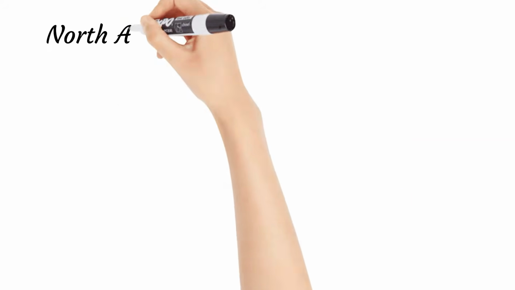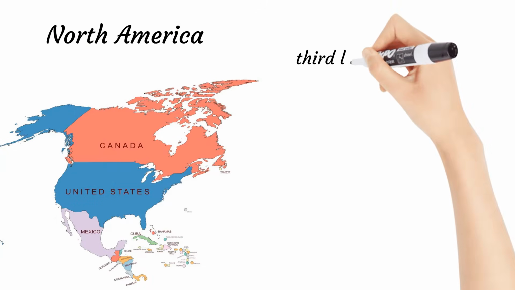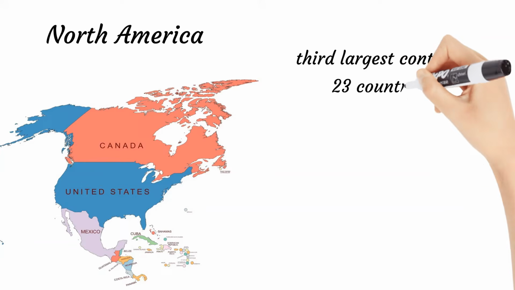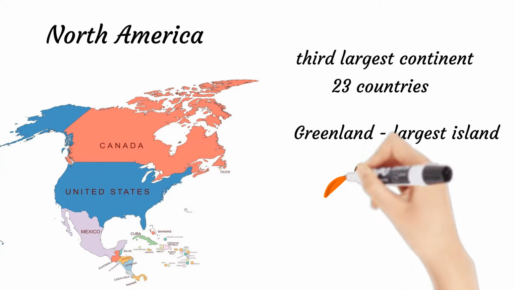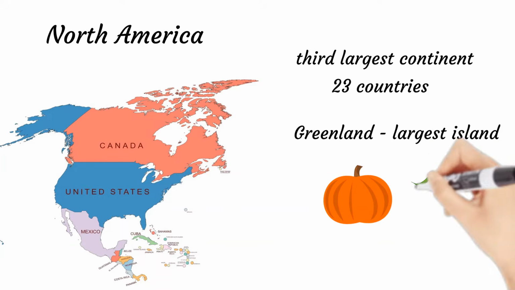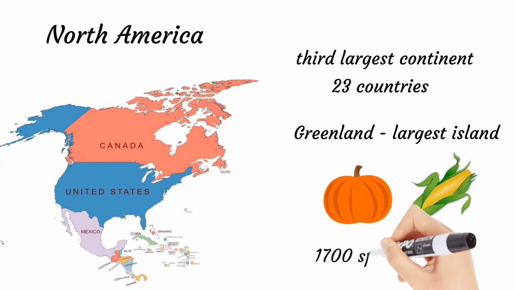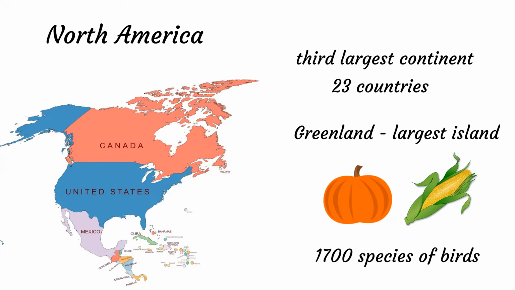North America is third largest continent, having 23 countries, and is home to the largest island on the world, Greenland. Pumpkin and corn originally came from here. More than 1,700 species of birds live and breed on this continent, same as bears, moose and skunks.